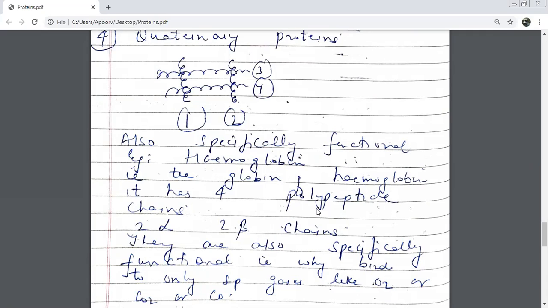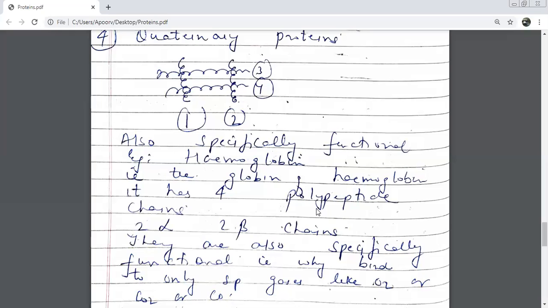That means your hemoglobin is combining with oxygen, carbon dioxide, and of course at times carbon monoxide also. Carboxyhemoglobin, oxyhemoglobin. So basically it is combining with only 3 gases: O2, CO2 or CO. This shows that hemoglobin is specific in its action.